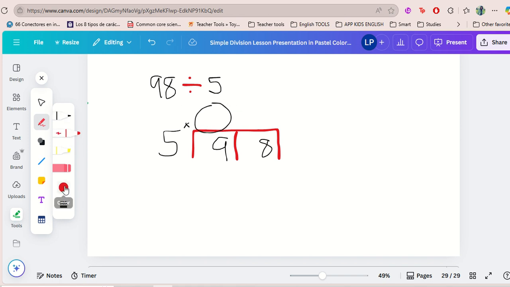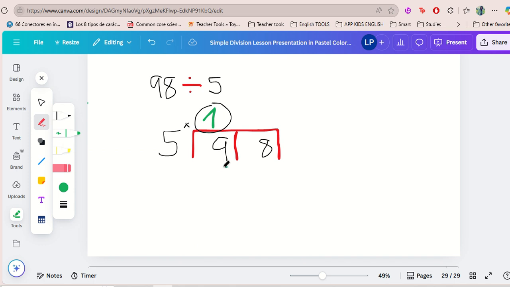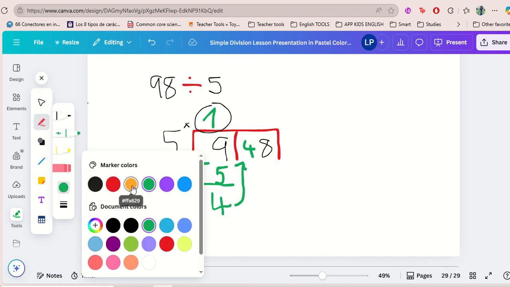No, impossible. So I need to multiply times 1 because 5 times 1 is 5. It's closer to 9. And 9 minus 5 is 4. Now I have to set this 4 here next to the 8, 48. But what happened here, guys?